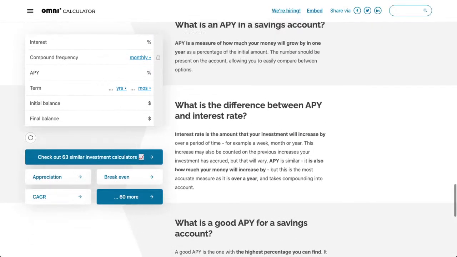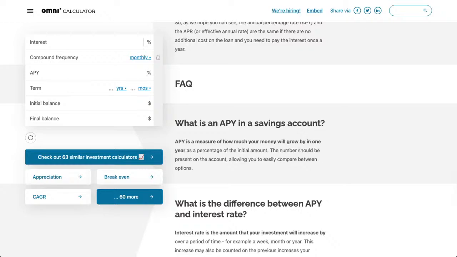All right, so let's have a quick look at the calculator here and do an example. Now you can obviously use the link below this video, which has the site where you can use this APY calculator. So let's do an example. Let's put the interest rate as 10%. We've got this compounding monthly at the moment, so it gives us an actual APY of 10.47.